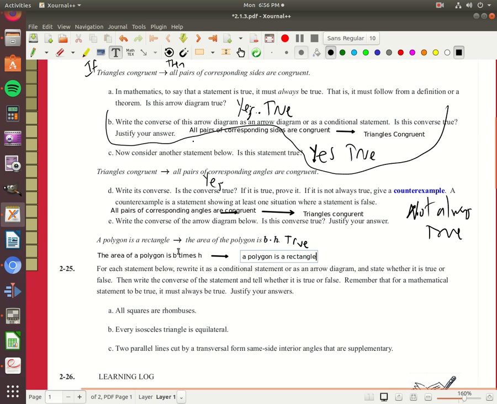All right, so is that always true? Can we think of any other shape that is base times height besides a rectangle? And I think that there are some.